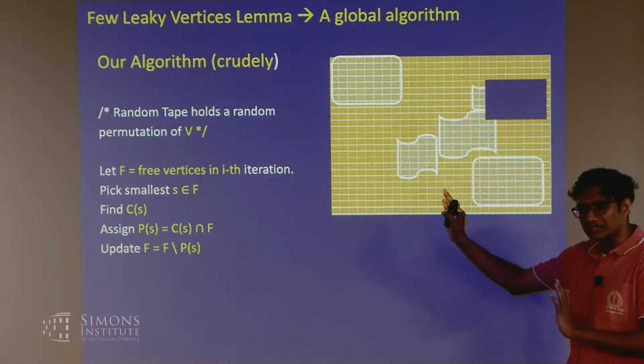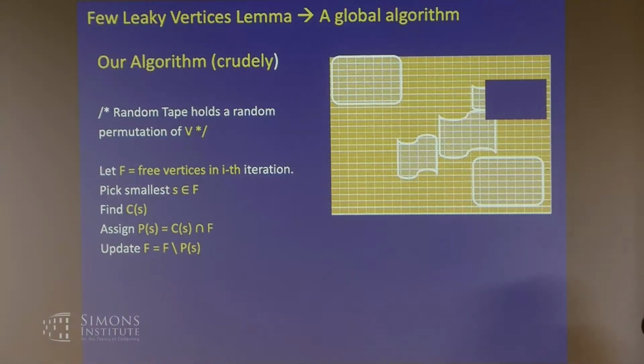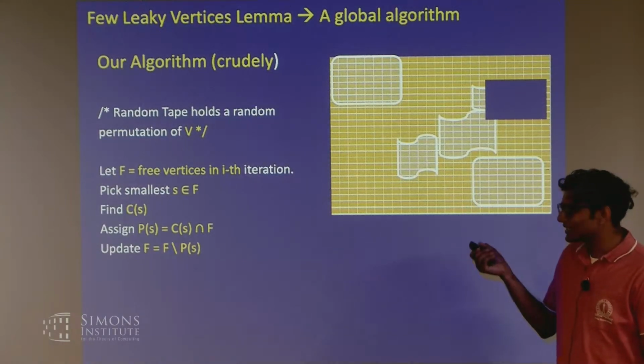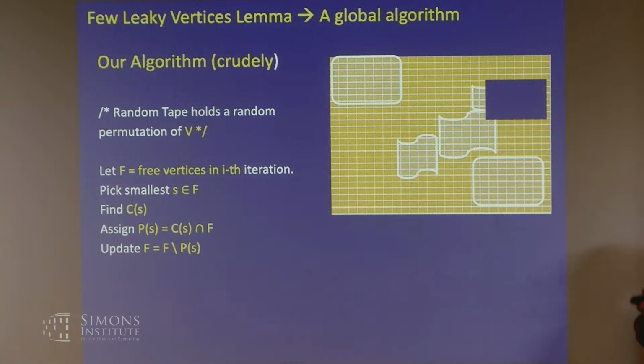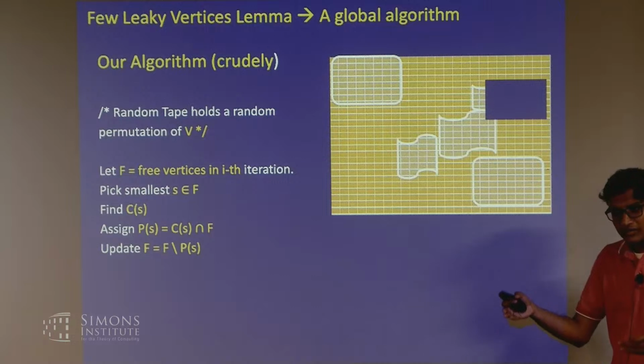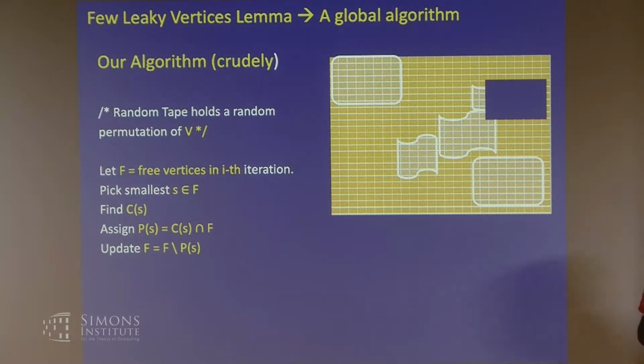I call them free vertices, capital F. I pick the free vertex with the smallest index, and I find the set C of S. I think of C of S as the low conductance cut around S. And I only consider the freshly captured vertices, and I throw them inside the set P of S.